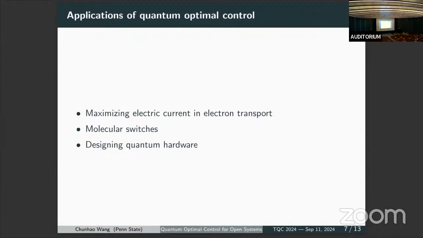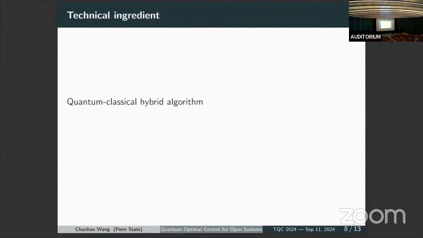So we can imagine that in the future, once we have fault-tolerant quantum computers, we can also use them to help us accelerate the process of designing quantum computers. So this is a valid and appealing application for optimal control, and that is why we studied a quantum algorithm for the optimal control problem.